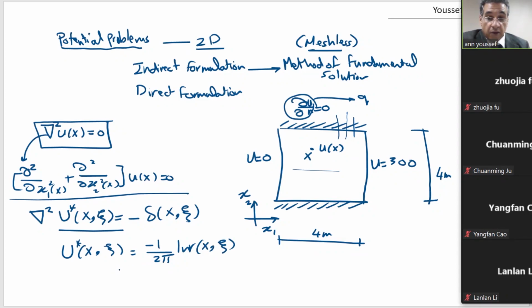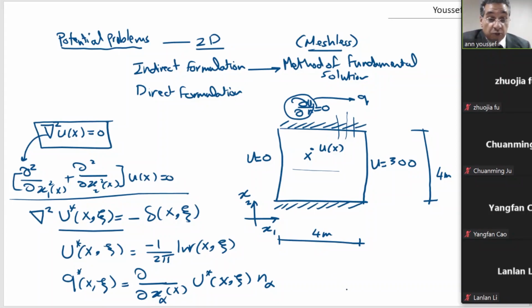Okay, if I'm going to differentiate this one to compute q asterisk of x and xi, it will be the derivative with respect to x alpha of u asterisk of x and xi times n alpha, because we knew the derivative with respect to n equals the derivative with respect to x alpha times n alpha.